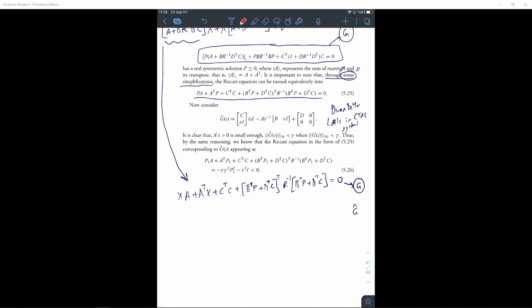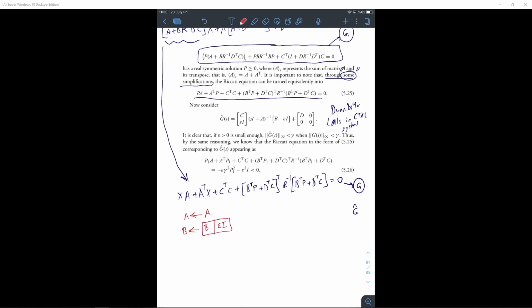Whenever we see A, we substitute A. Whenever we see B, we substitute B epsilon identity.